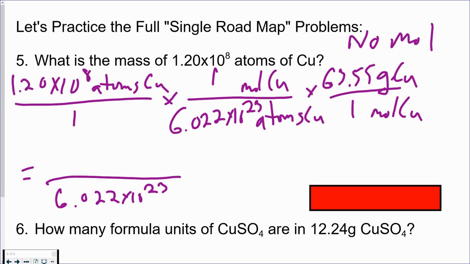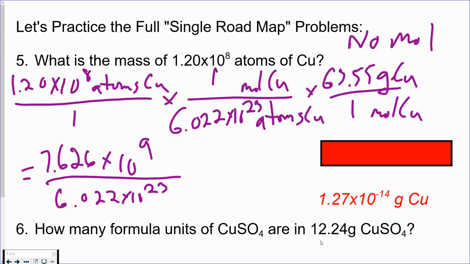And you should get a number of 76.26. I'm going to move it over to 7.626 and make it times 10 to the 9th. Now, 9 minus 24 is negative 14, so we should be at negative 14. Let's check. And 1.27 times 10 to the negative 14th grams of copper. That's really not that much copper, and you can tell because there's not that many atoms.